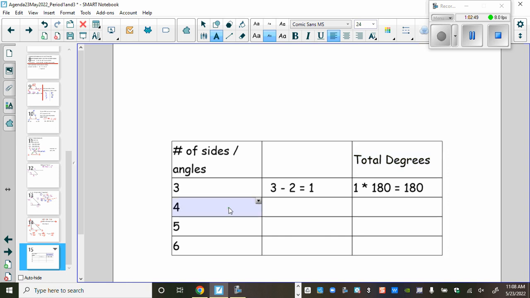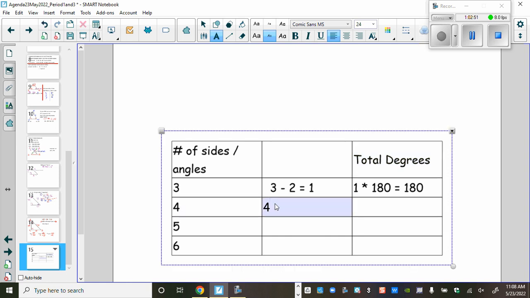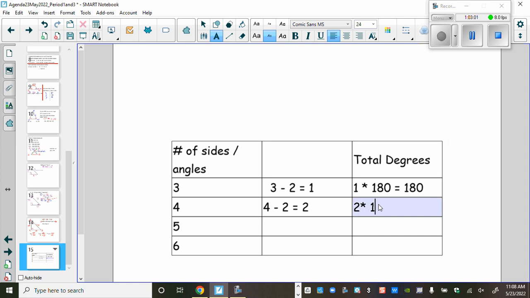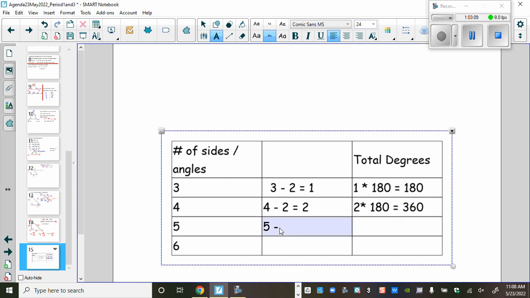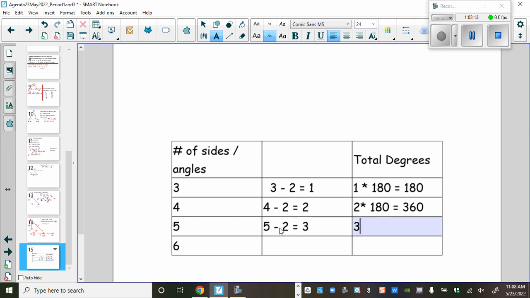And then quadrilateral, 4 minus 2 equals 2, multiplied by 180. And then similarly, you keep going. Follow that trend. 5 minus 2 equals 3. 3 times 180 equals 540.